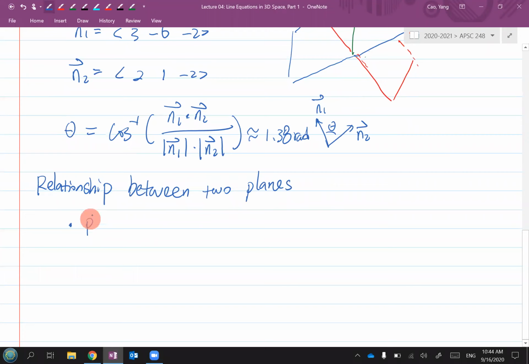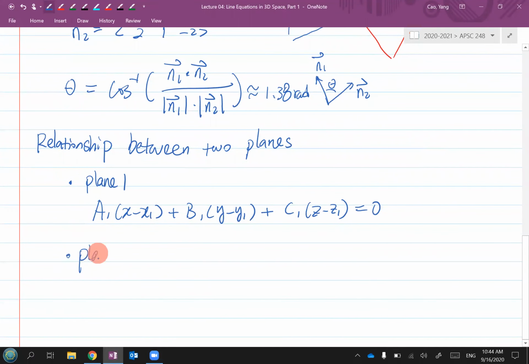Again, let's consider a very general situation. Let's say plane 1 is given by a1(x - x1) + b1(y - y1) + c1(z - z1) = 0. That's the first plane, right?